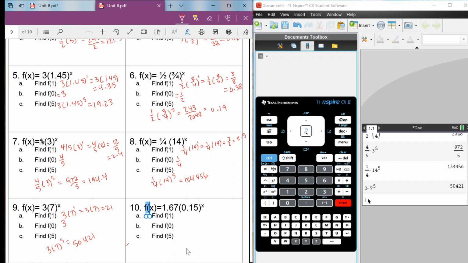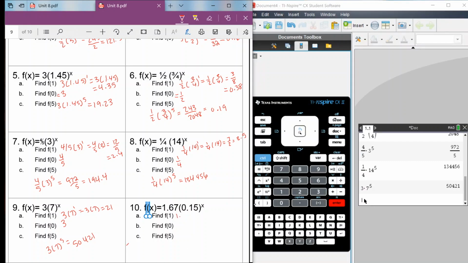Number 10, you're finding f of 1, f of 0, and f of 5. Okay, and this is what you should have got. So for f of 1, this is 1.67 times 0.15 to the 1st power, which is equal to 1.67 times 0.15, which is, let's type this in, 1.67 times 0.15.